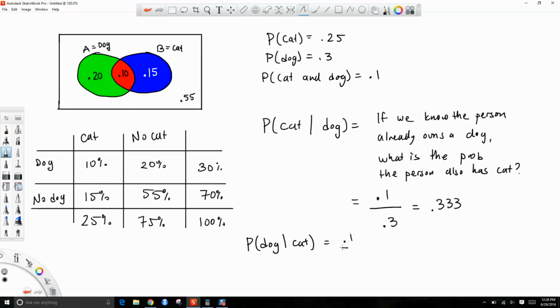What is this? Point 1 goes in the numerator. If the person already owns a cat, what's the probability this person also owns a dog? So we would put 0.1, the probability of cat and dog, in the numerator, and what goes in the denominator? 0.25. And so what is this probability? It's 0.4.